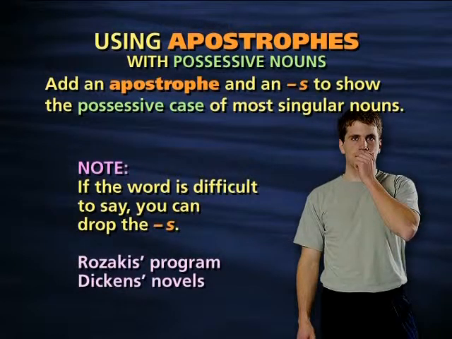Dickens' novels should be Dickens, apostrophe. The only rule that I have there is be consistent. If you're going to drop that final S with a word that ends in S, do it on all the words that end in S. Don't do it willy-nilly, because that's going to confuse your readers.